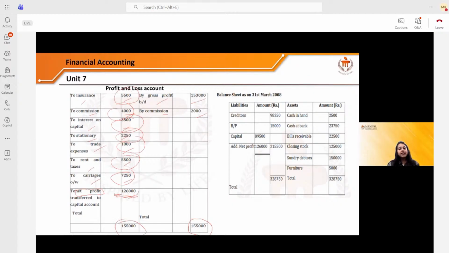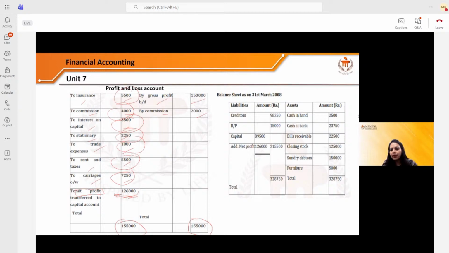If you cross check with the format, let me take the query. Yes, only commission received is credit, because in the question only one item of direct income has been given, that is commission received.